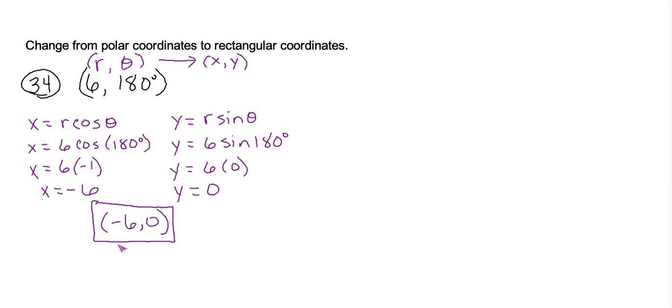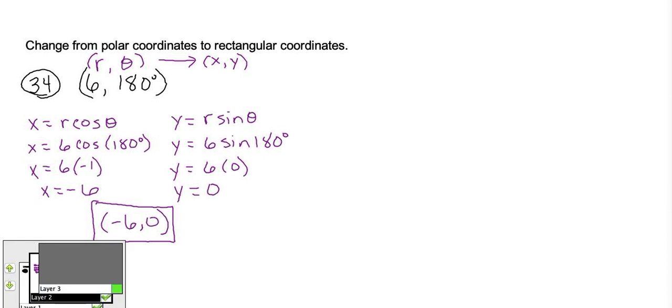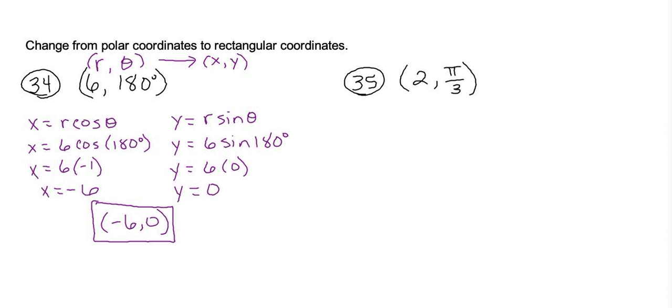Okay, I have another example prepared for you. It's number 35, 2 pi over 3. So let's do the same thing. X equals r cosine theta.